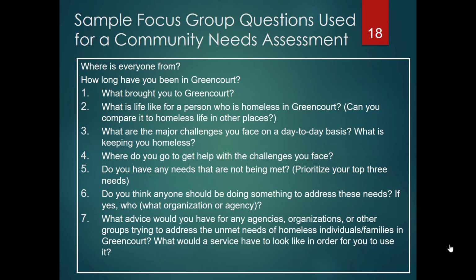And with question 5, for example, do you have any needs that are not being met? People start mentioning what those needs are. They follow up by saying prioritize the top 3 of those needs, right? What are your top 3? To get more specific as to what are the most, I guess, popular needs.